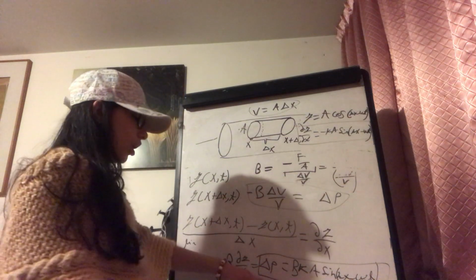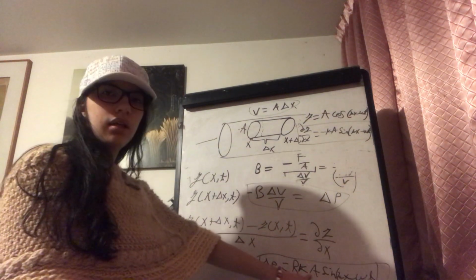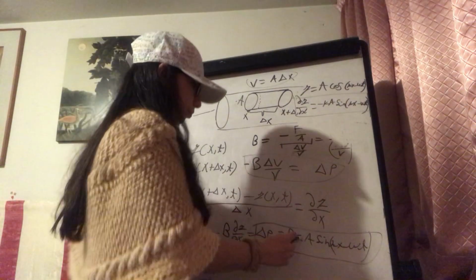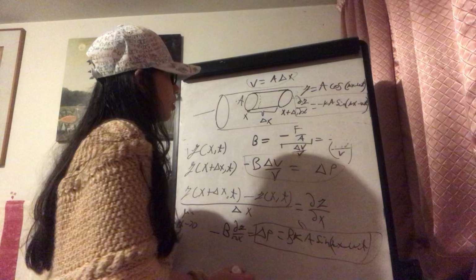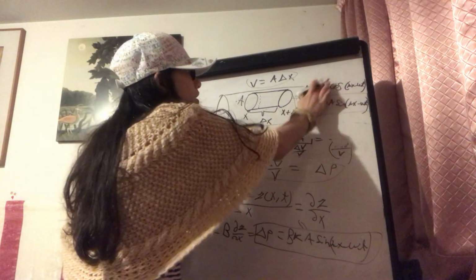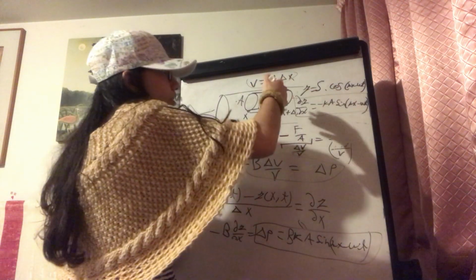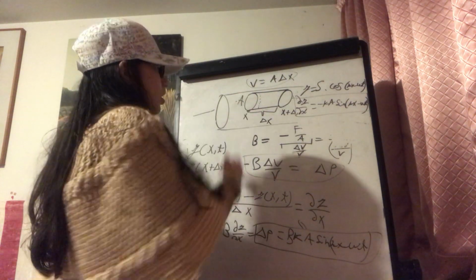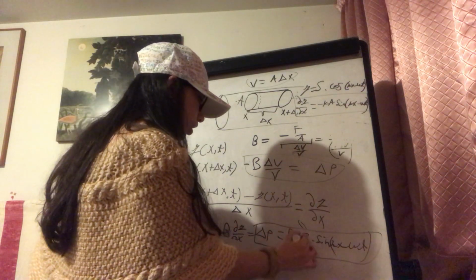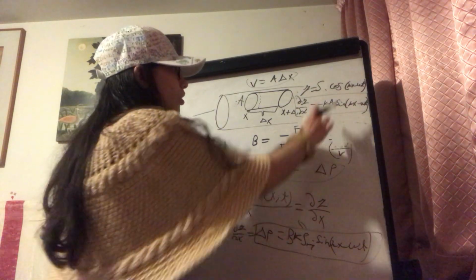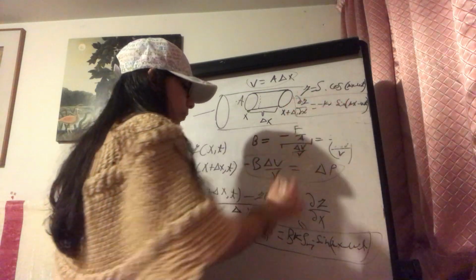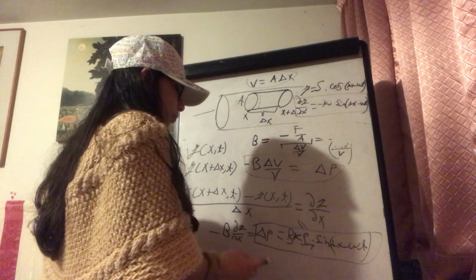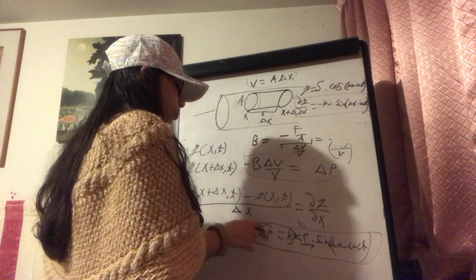This is called the pressure amplitude, and this A is the displacement amplitude. Actually, I can call this S, or S max, for displacement, because I don't want to confuse this A with the A that is the cross-sectional area. This is called the displacement amplitude or maximum amplitude, and this is the pressure amplitude.